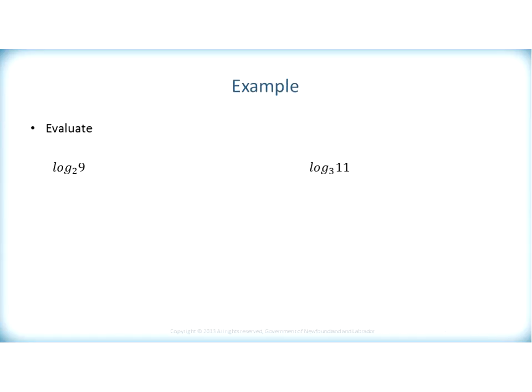So if we're looking at something like log 9 base 2, this would be equal to log 9 over log 2. We can calculate this on our calculator, since it is a log of base 10.